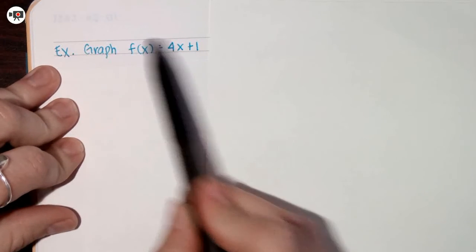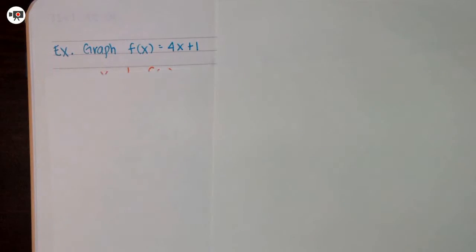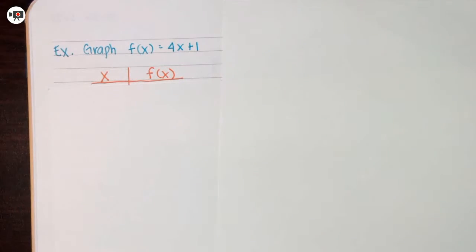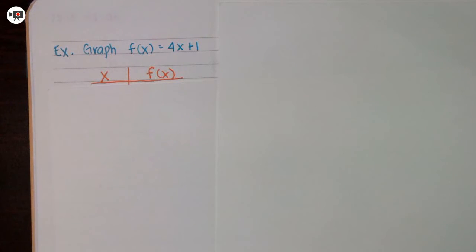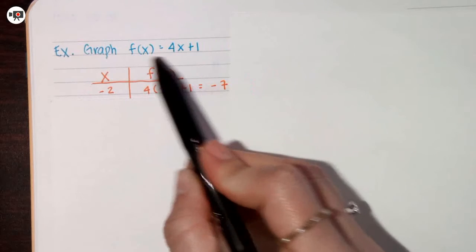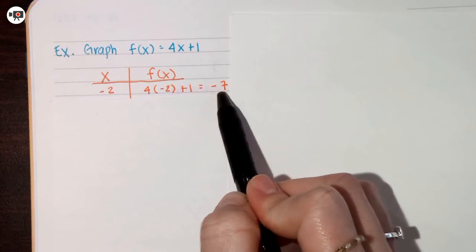This is my output, x is my input. So I'm going to start with a table of values where I have x and f of x. When x is negative 2, I put in the negative 2 for x, and I have 4 times negative 2 plus 1 equals negative 7.